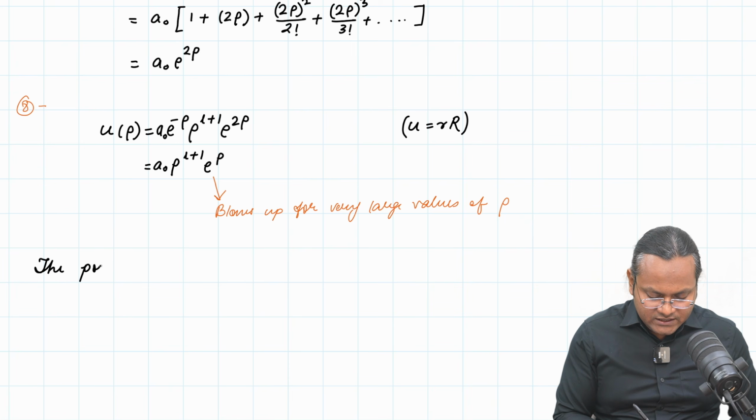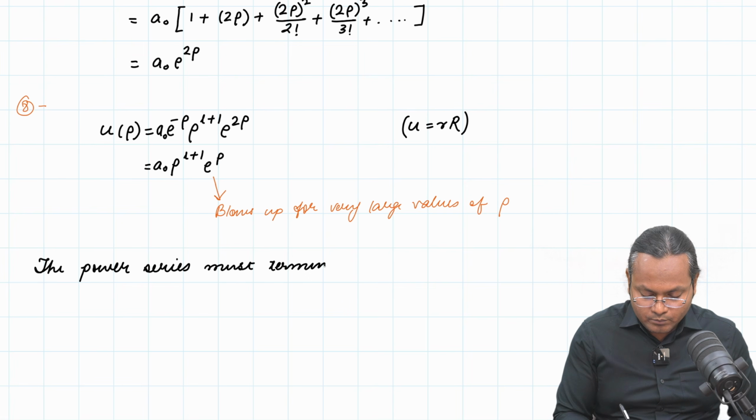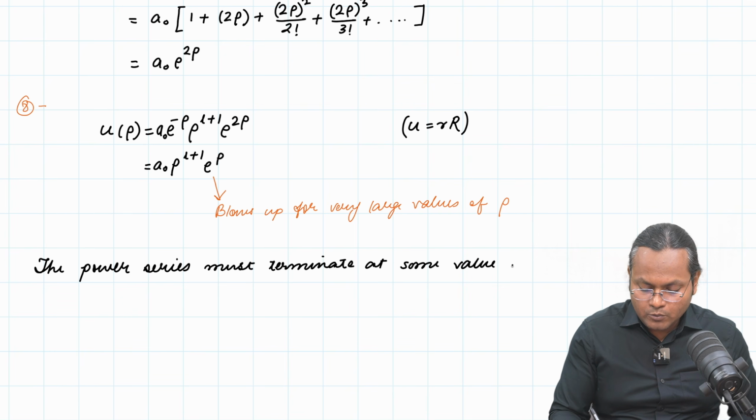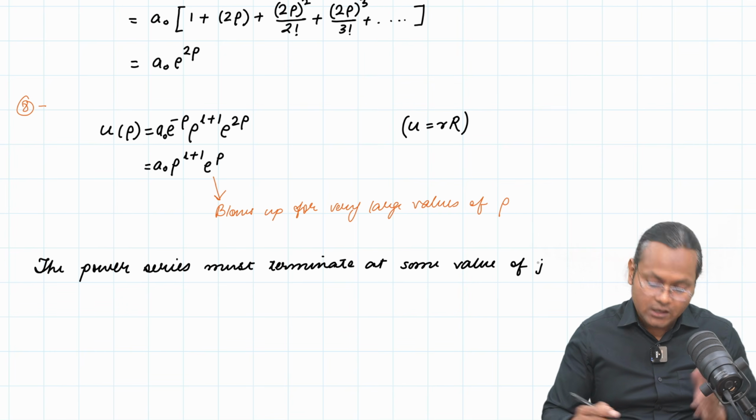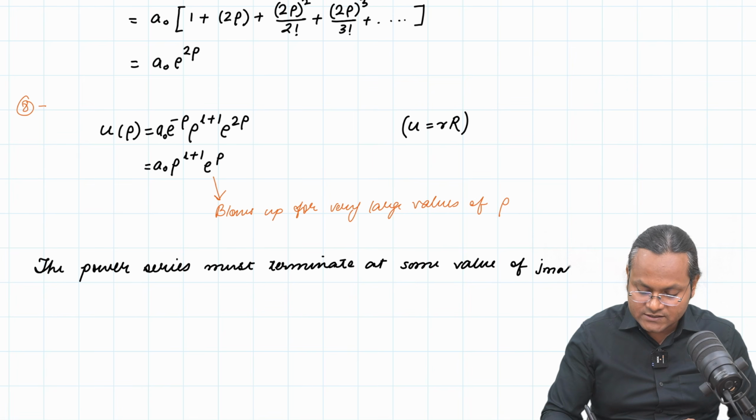The power series must terminate at some value of j, or we can call it j max.